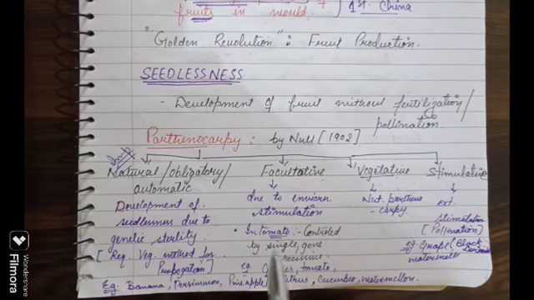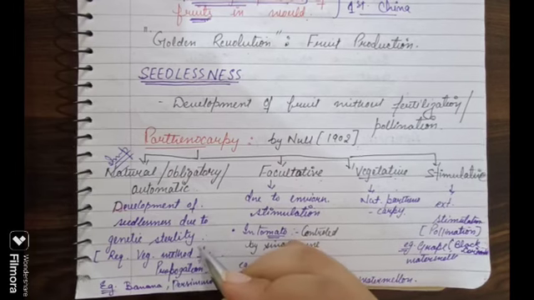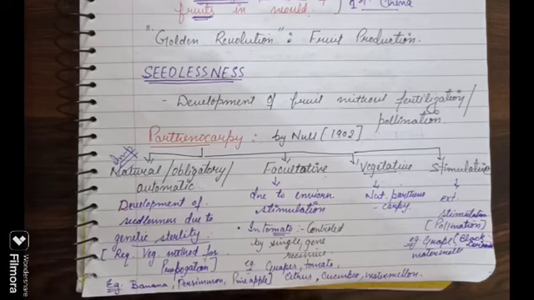The three important things are: it is caused due to genetic sterility; second, it requires vegetative methods of propagation; third, the crops are banana, persimmon, and pineapple.